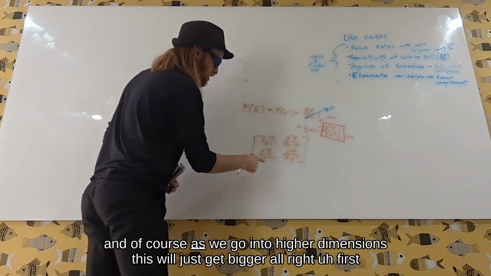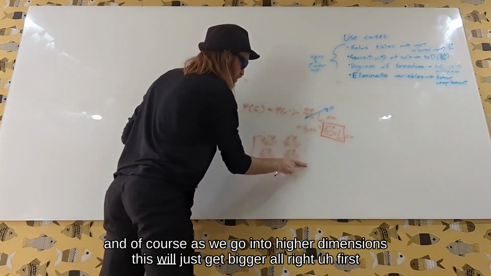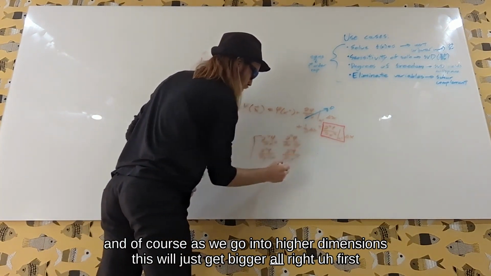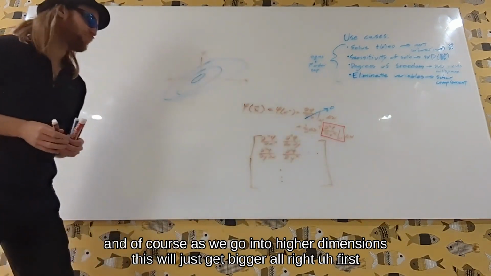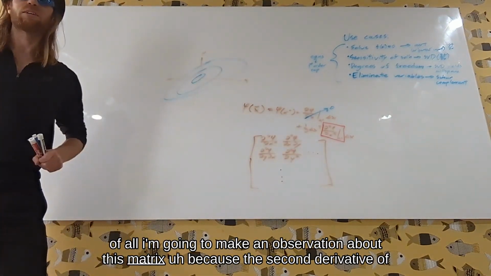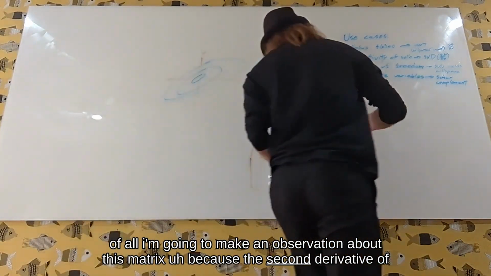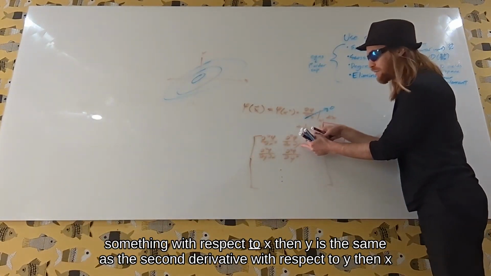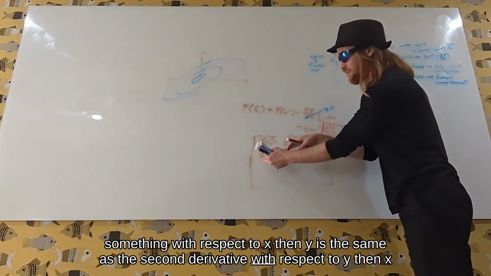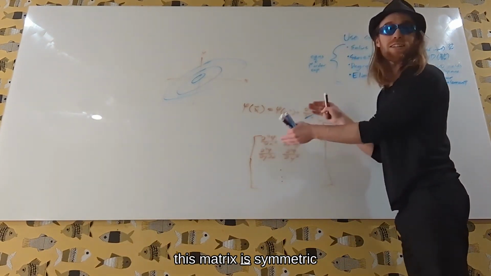Of course, as we go into higher dimensions, this will just get bigger. First, I'm going to make an observation about this matrix. Because the second derivative with respect to x then y is the same as with respect to y then x, this matrix is symmetric.